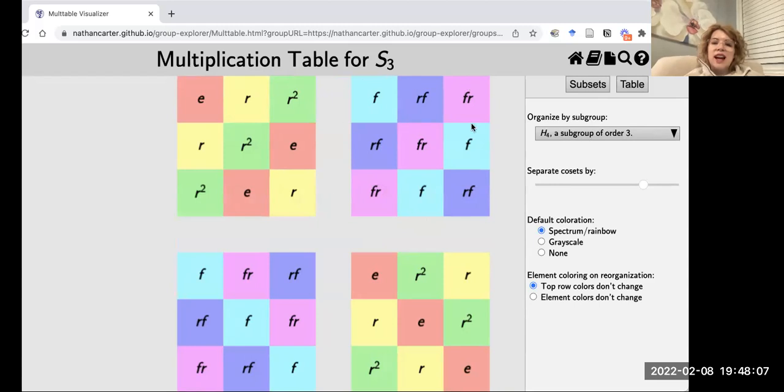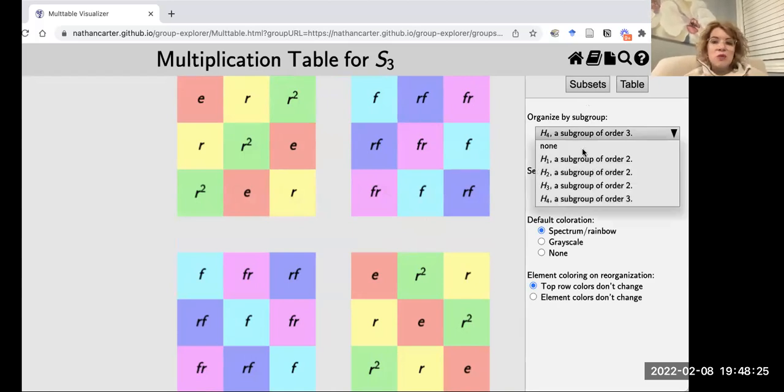I need to look at the elements as a whole in the blocks, not how they are arranged in the individual blocks. So they might be totally mixed up within those blocks. It doesn't matter how they're arranged within the blocks, it just matters that they are in the blocks.